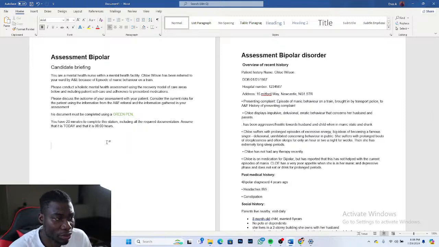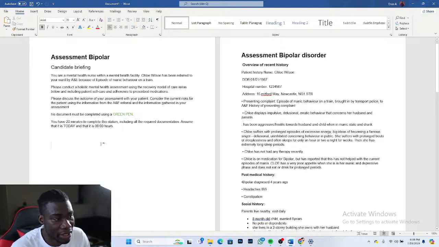When it comes to mania, it can either be in a community setting or an admission-based setting. The community setting simply means that you are going to the patient's house to do the assessment, or the patient is coming to the community clinic. In either of these two situations, it is still classified as community-based.